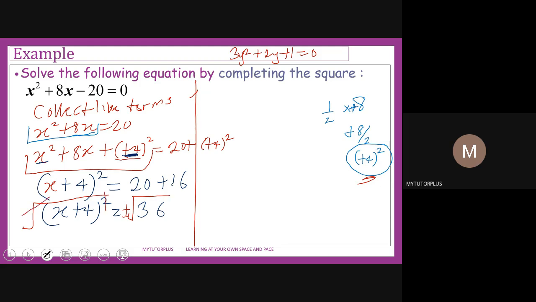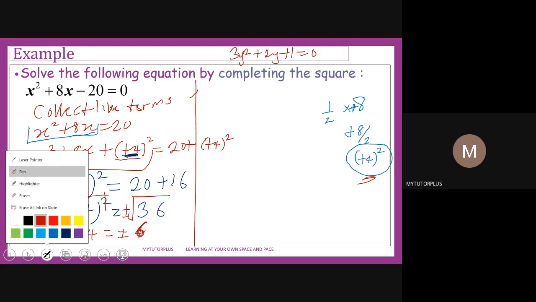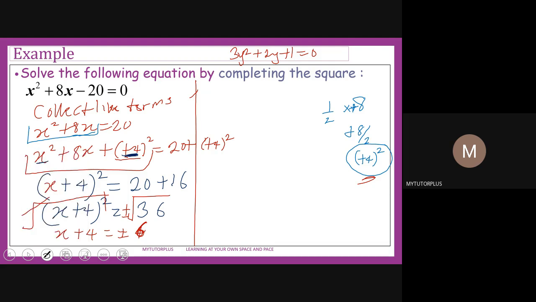So I'm left with x plus 4 equals plus or minus the square root of 36, which gives me 6. Is that clear? Yes. Then the next step is to collect like terms. If I collect like terms now, I'm going to have x equals -4 plus or minus 6.